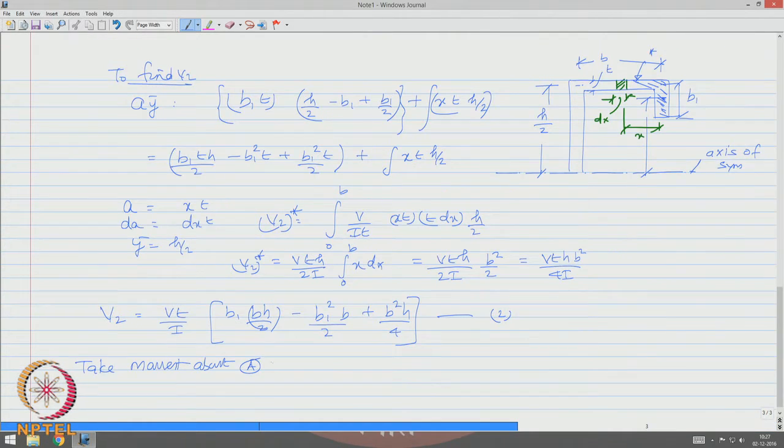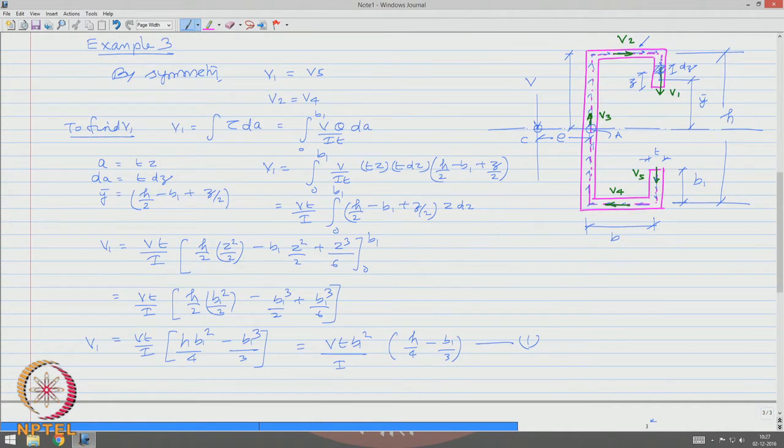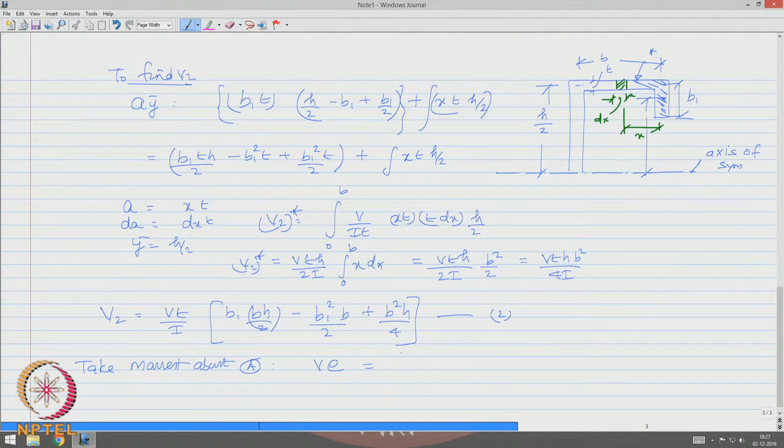We can write V into E, which is anticlockwise, which will be equal to V 1 plus V 5 into B plus V 2 plus V 4 into h by 2, which simply says that it is 2 V 1 B plus 2 V 2 h by 2.